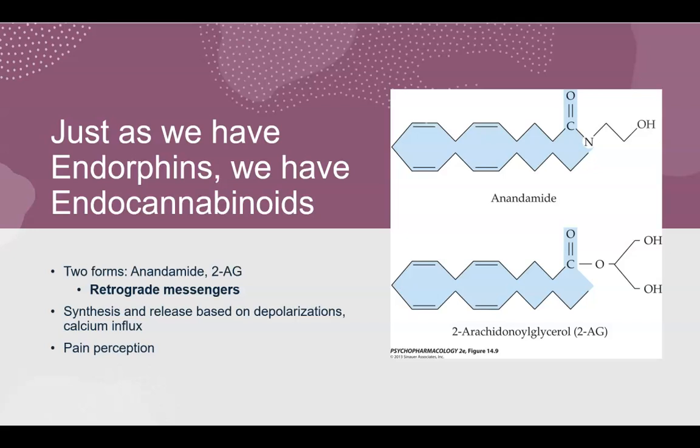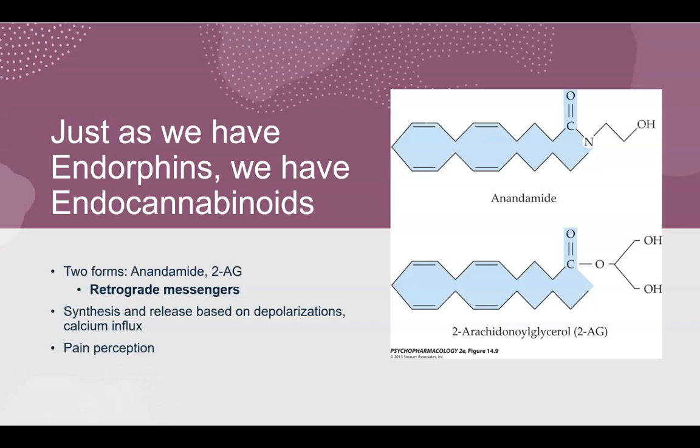Now, here's what's kind of interesting. And this is kind of what we talked about when we talked about opioids last week. If we have opioid receptors, that must mean that we make some sort of endogenous opioid. We have also found that we have cannabinoid receptors. As a result, we should have endogenous cannabinoids. And it turns out that we actually do.